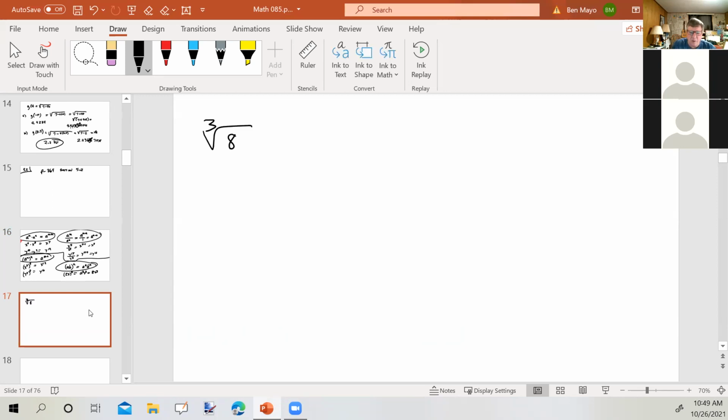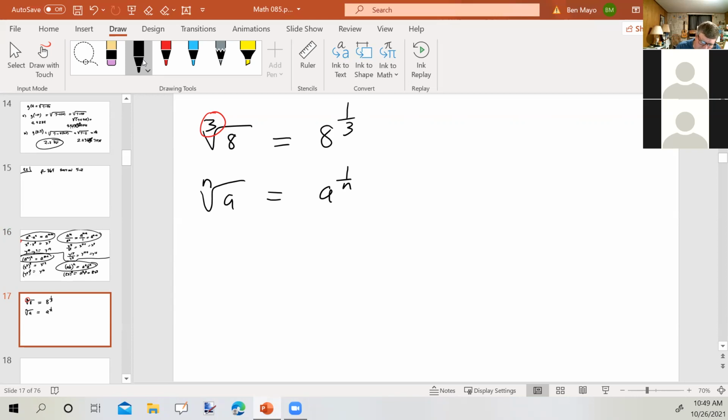So this is radical notation, and I want to write that in exponential notation. The index becomes the denominator of the exponent. So the cube root of 8 is equal to 8 to the 1/3 power, or in general, the nth root of a equals a to the 1/n power.